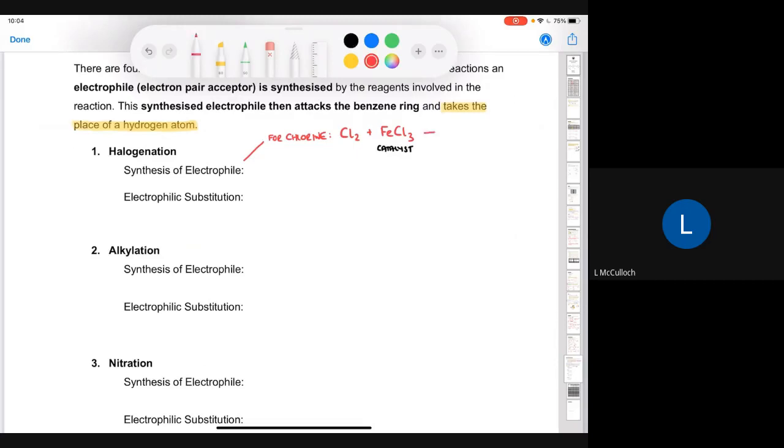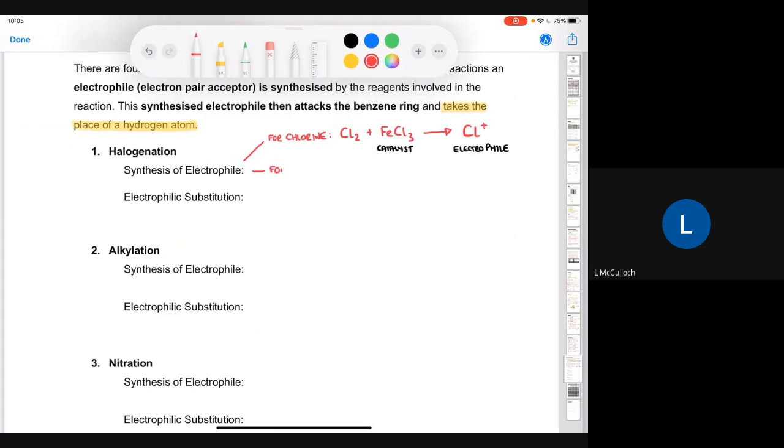And what we will have in that reaction is the production of a positively charged chlorine ion. And that is our electrophile. I'm not going to write in the other parts of this reaction because we don't need to know them and they can be quite complex. So we just need to know what the electrophile looks like. So it's a Cl+, and we need to know that we would use chlorine and an iron 3 chloride catalyst to do that.